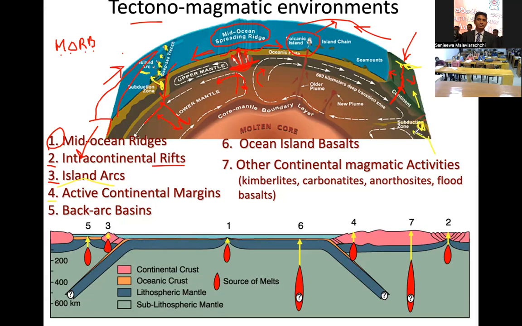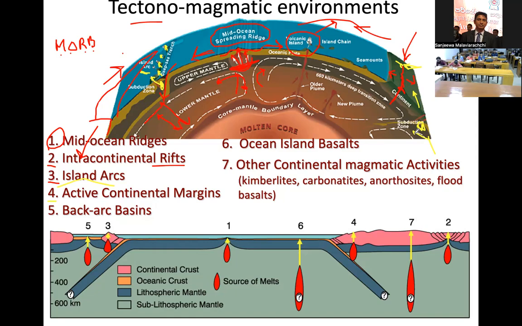Actually, when you have two continents, it's very hard for one continent to subduct beneath the other continent, because the density is almost same. Okay, density is almost same, so there will be no effective subduction, but still to some extent there can be some subduction.